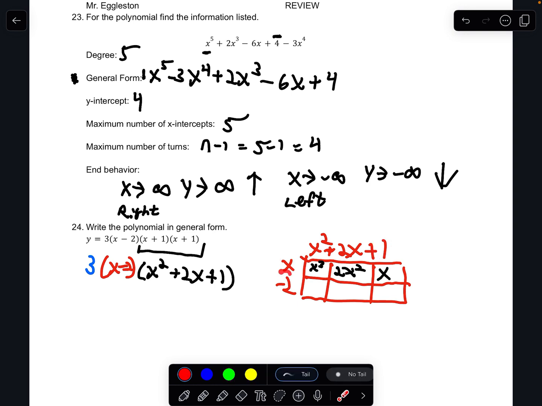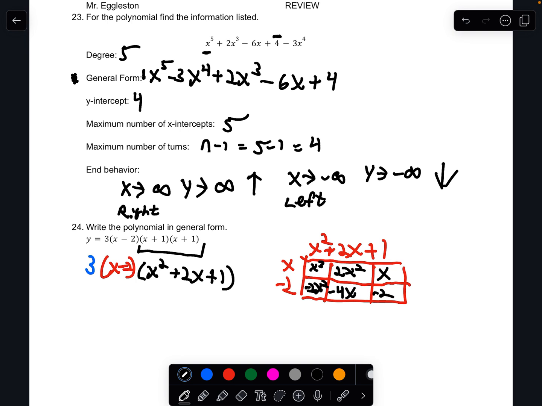Then it's negative 2 times x squared, that's negative 2x squared, and then negative 2 times 2x is negative 4x. And negative 2 times 1 is negative 2.